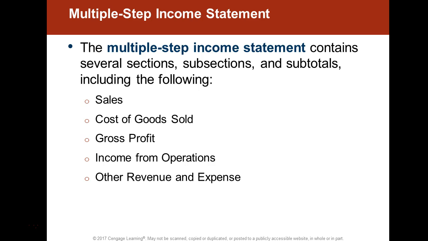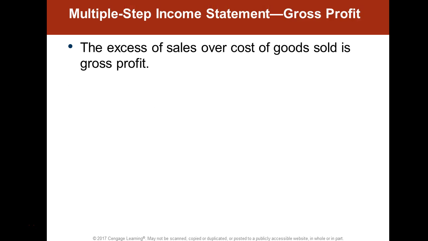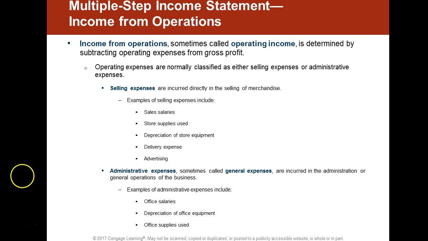Now again, a multi-step financial statement is going to contain several sections, and we're going to look at that. I don't want to go through all of this. I just want you to look at the actual statement so you can see how these things are broken down. If you look at the sales, you'll see these expenses and these different categories. Whereas with a normal service firm, you just see expenses and then all of the expenses laid out, delineated.